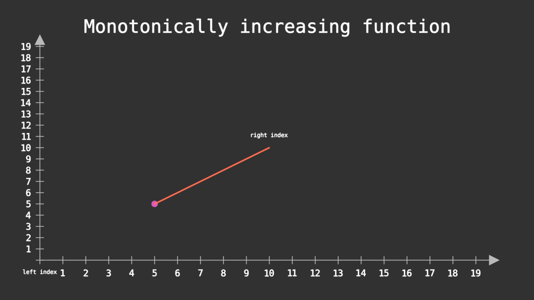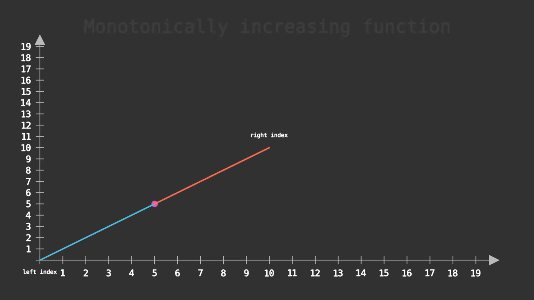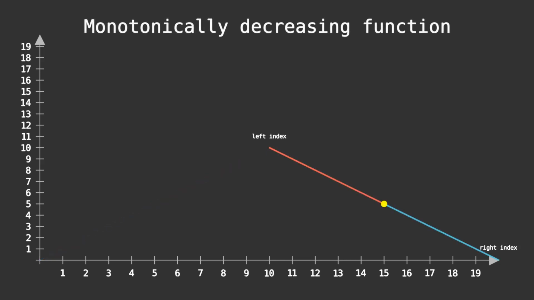So we might need to decrease our right index to approach the dot's value. Similarly, if we are in the blue portion of the graph, we might need to increase our left index so that we can approach the dot, since all the values in the blue portion are lesser than that of the dot.